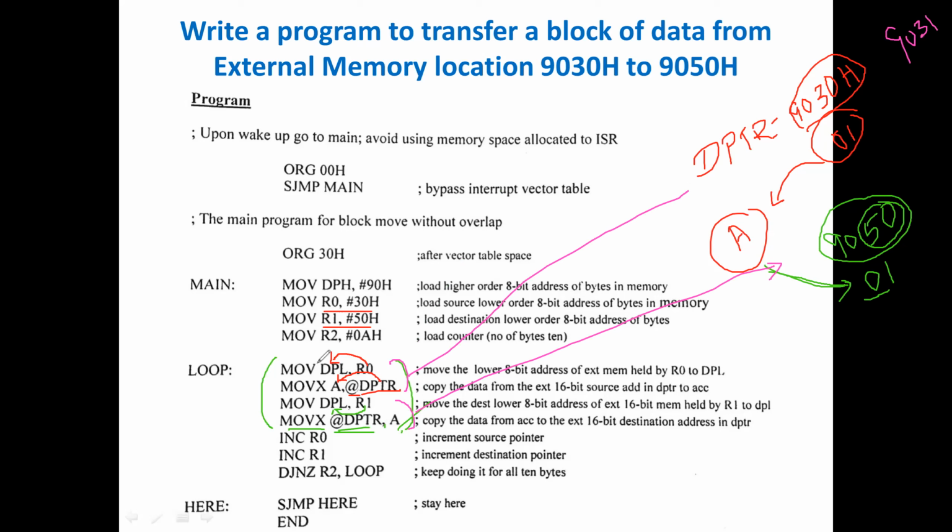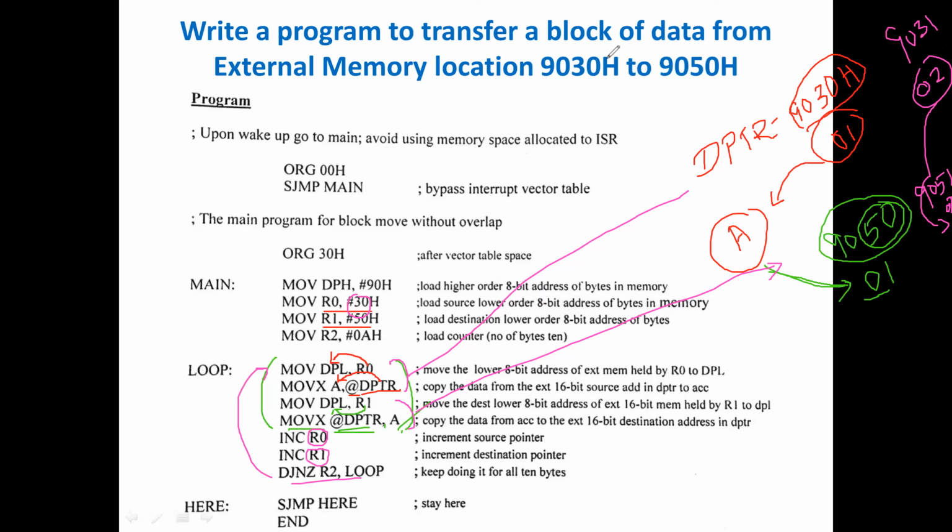So I can simply increment this 30H, and for the destination, 9051 is my next location. Whatever the data here, I want to push it to 9051. So just increment R0 and R1, check the condition, move to loop.